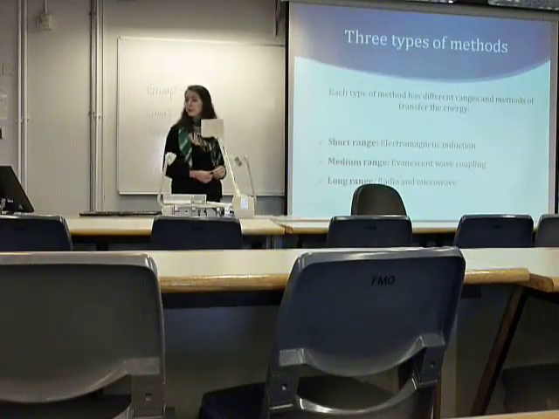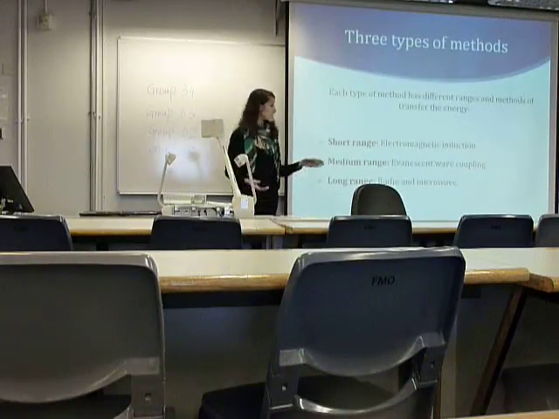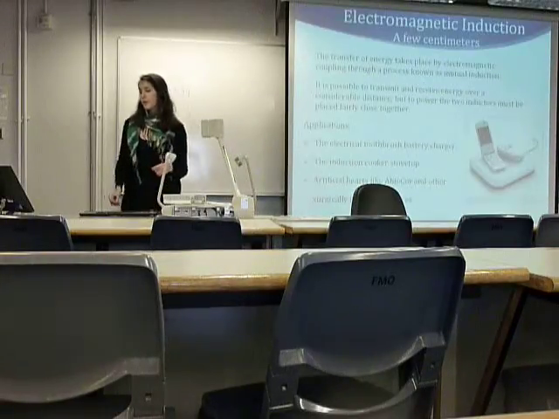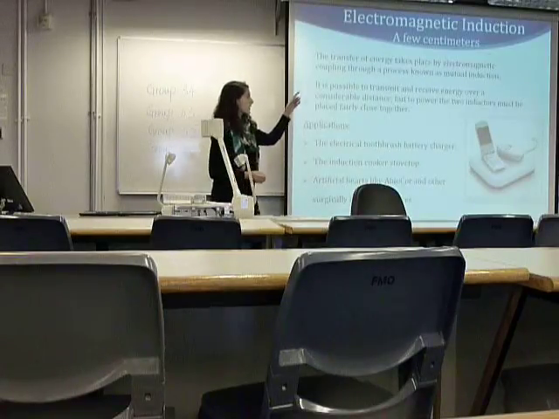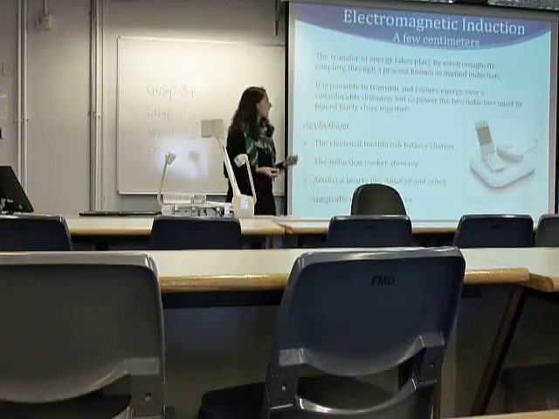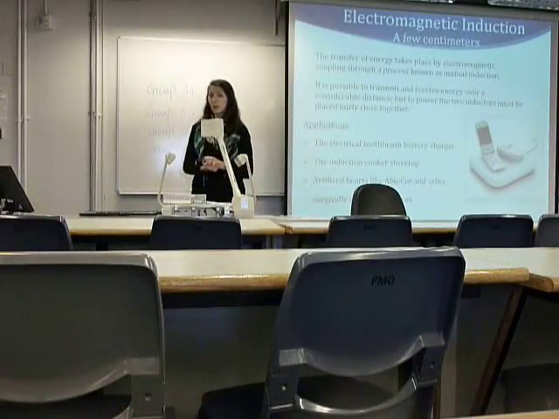Now, the three methods to transfer the energy are in different ranges: the short, the medium, and the long range. For the short range, it's a few centimeters, and it's called electromagnetic induction. The energy is transferred by electromagnetic coupling through a process called mutual induction.